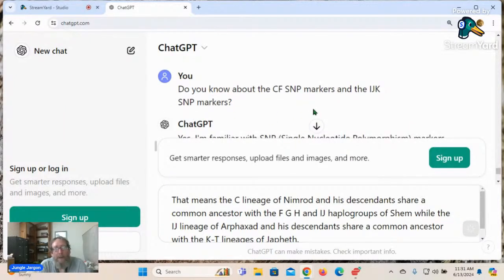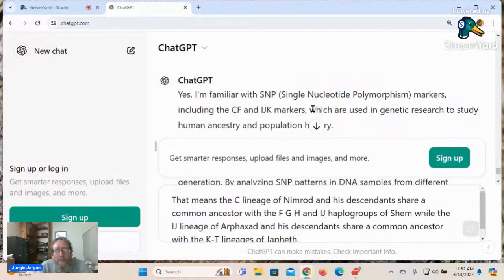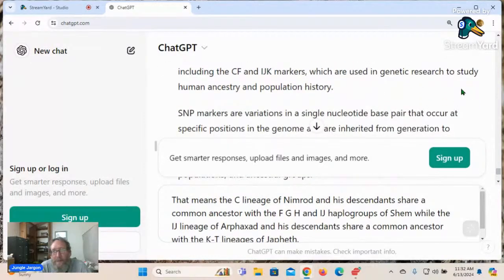Do you know about the CF SNP markers and the IJK SNP markers? It says, yes, I'm familiar with SNP single nucleotide polymorphism markers, including the CF and IJK markers, which are used in genetic research to study human ancestry and population history.